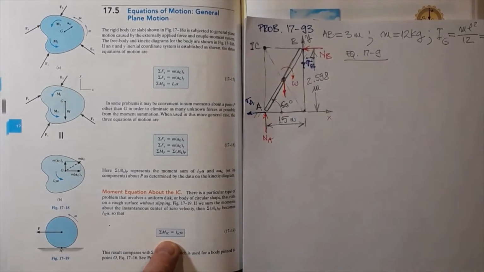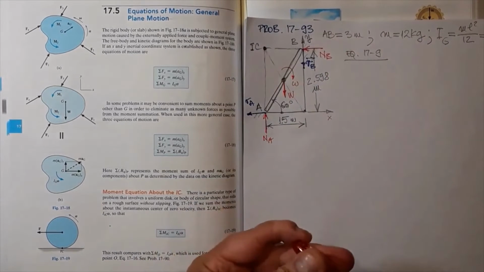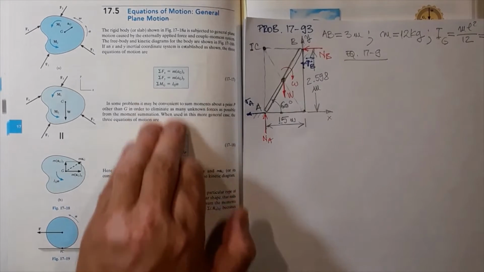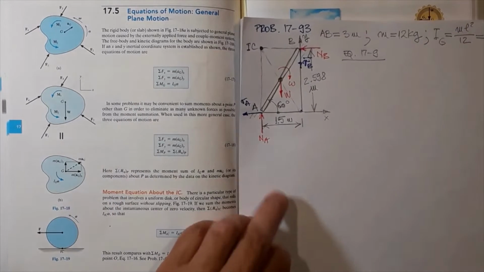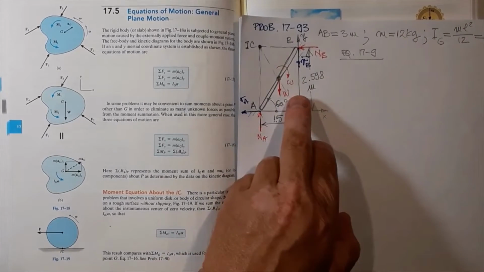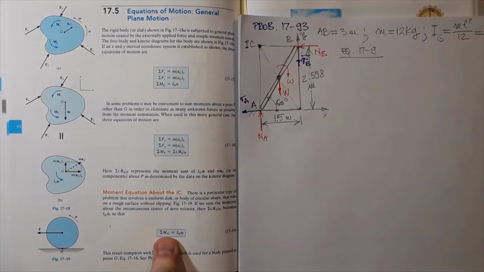So it'll be just the weight causing moment. This simplifies things, decoupling the moment equations from the force equations. We'll have to write force equations at some point because we need to find the reactions at A and B. But if we just want alpha, the angular acceleration, this equation is enough.